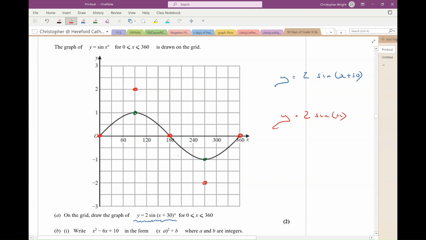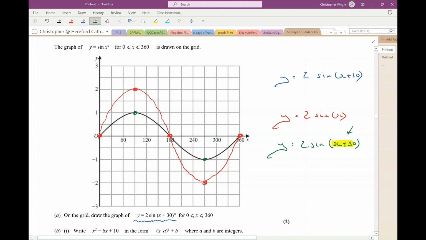Now, we're not asked for that curve. We're asked for the curve of y equals 2 sine of (x plus 30). Remember, if the change happens here in the bracket to the value of x, then you move your curve the wrong way.